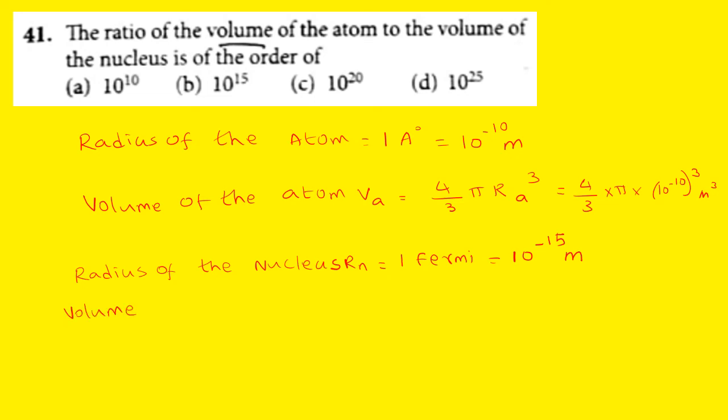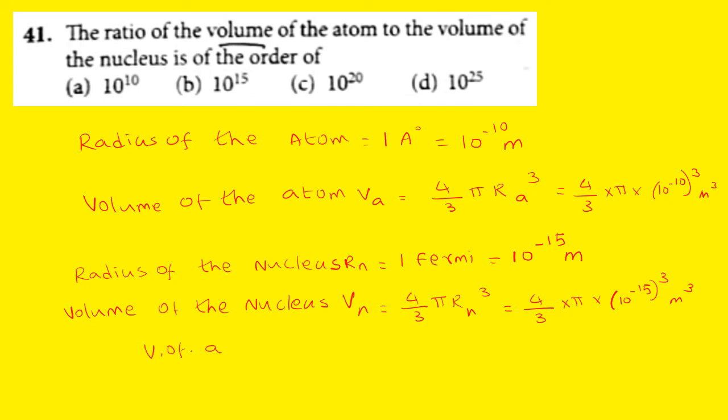So as we know the radius, now it is easy to find the volume. Volume of the nucleus Vn equal to 4 by 3 pi Rn cube. So 4 by 3 into pi into 10 power minus 15 cube meter cube. So now we need to find the ratio of both.